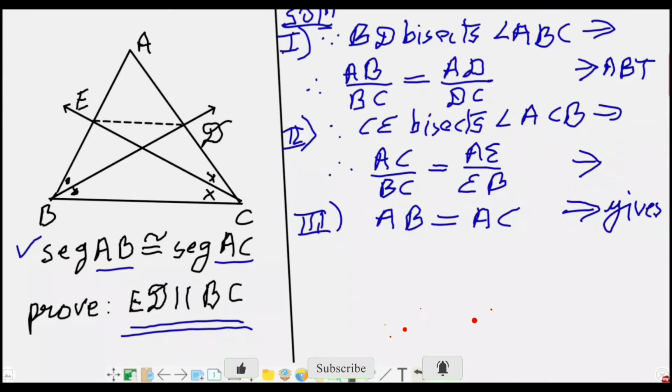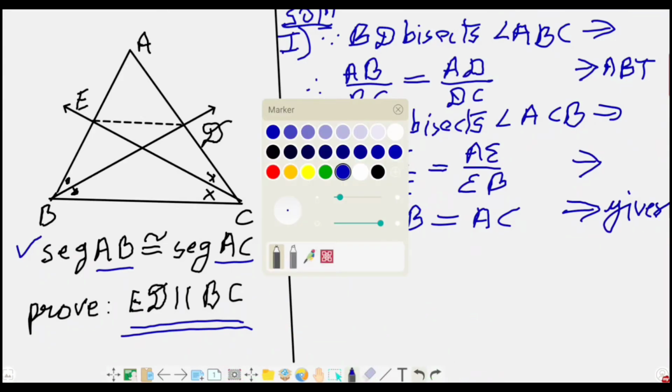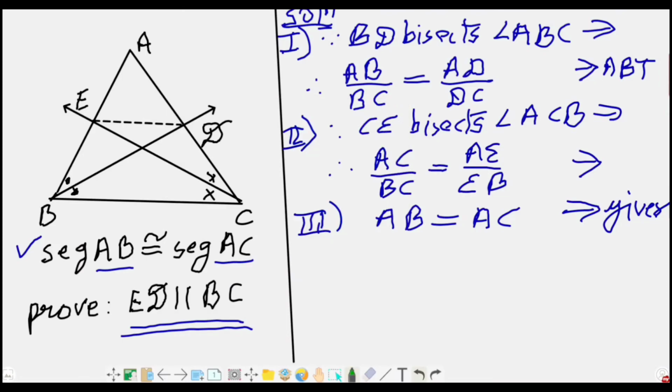Now, look at both the ratios. When you look at both the ratios, in this one and this one, the denominator BC is the same. Here the numerator is AB and in the second part the numerator is AC. And we have proved that AB and AC are equal. So what can you say from all this?